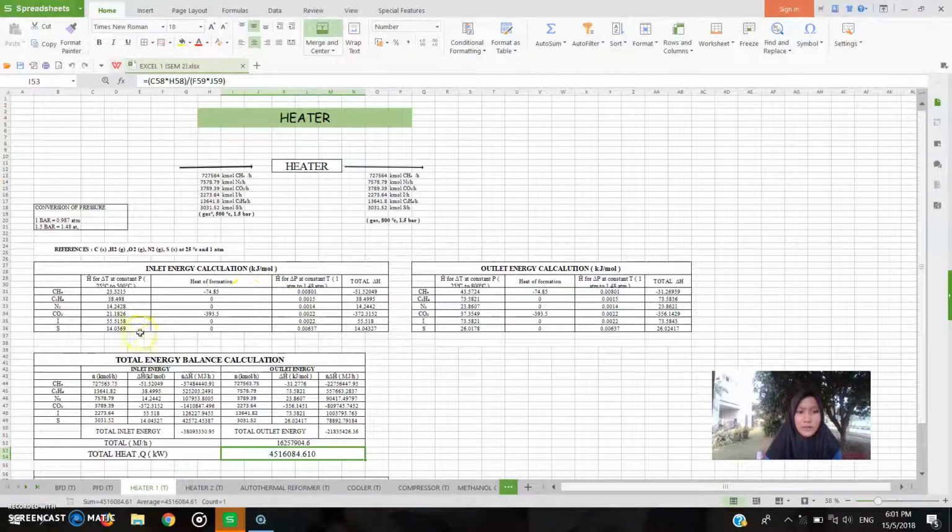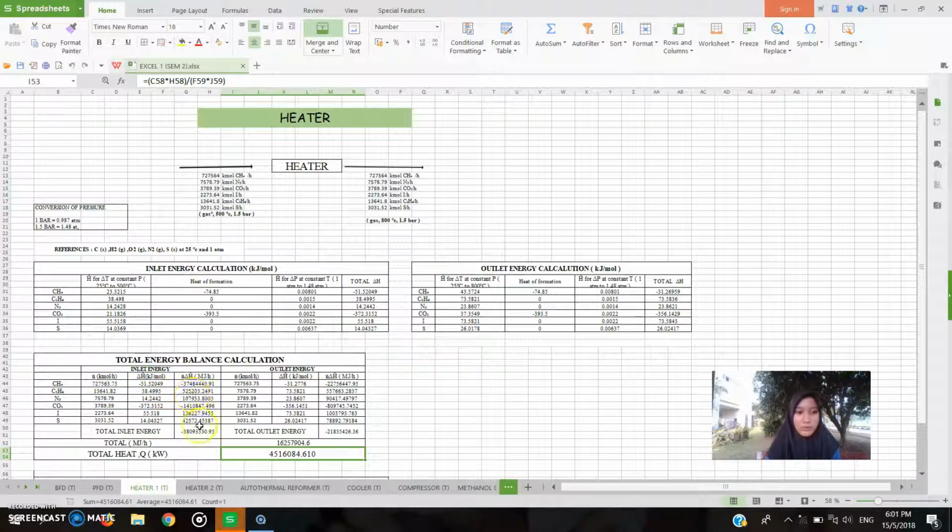As you can see, the inlet energy calculation. I calculate all the CP and all the delta H for each substance for inlet and outlet energy. Then after that we multiply the delta H with the mole itself.